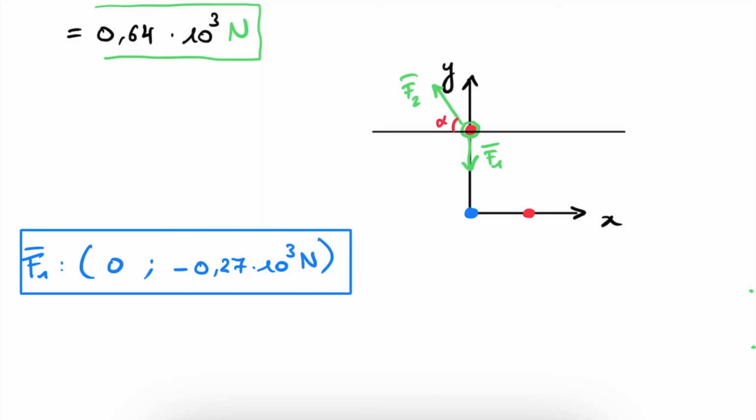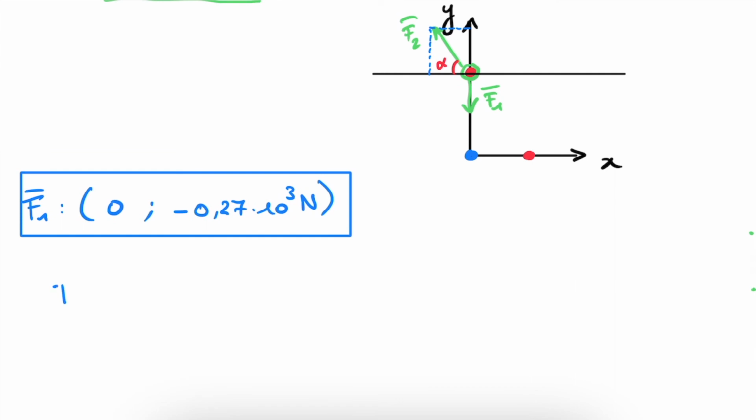And we see that this alpha is closely related to the x and y component of our vector, namely in the following way. We know that the x component of our force vector F2 will be equal to the magnitude of the vector, which we've calculated already, multiplied by minus the cosine of alpha. And why a minus sign?